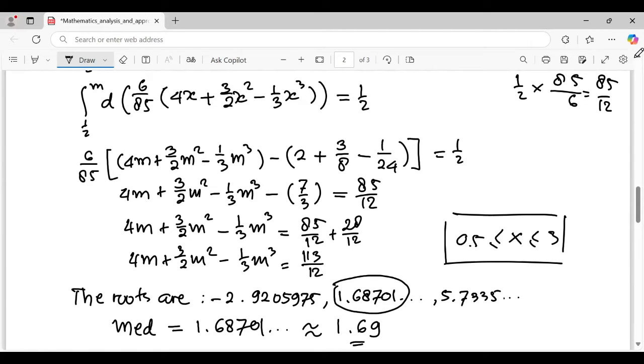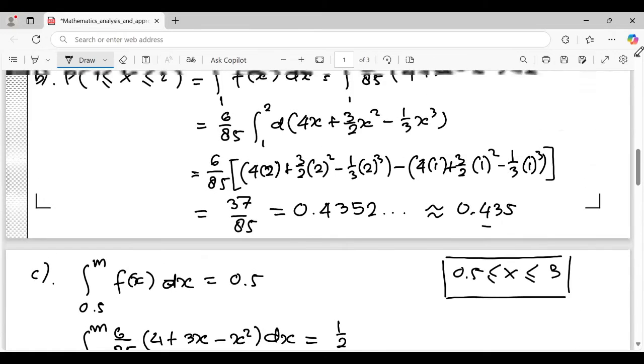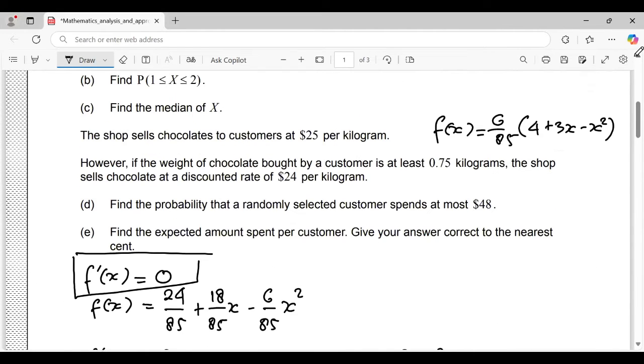What else? The shop sells chocolate to customers at $25 per kilogram.